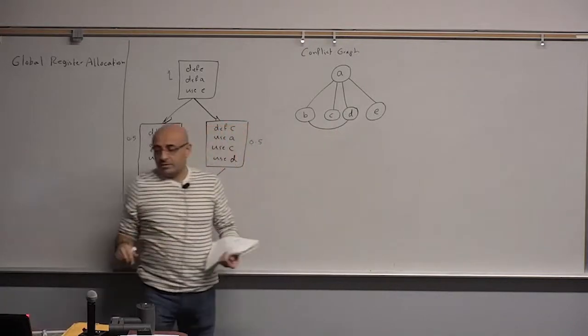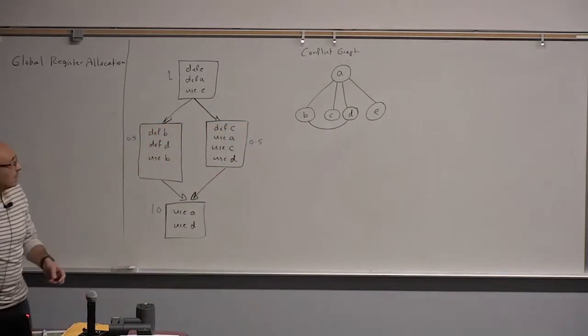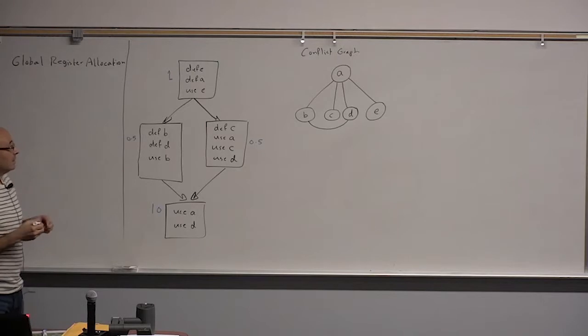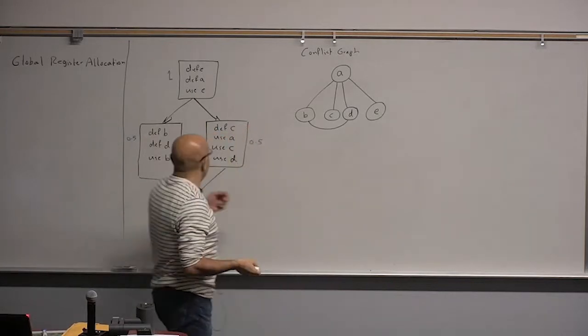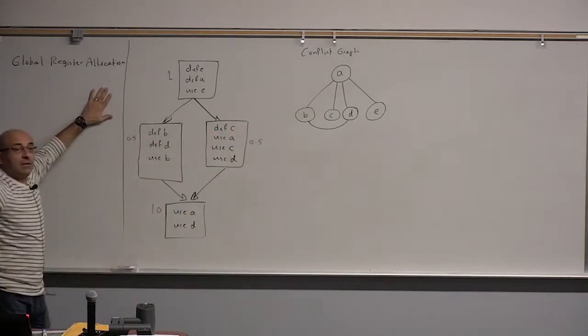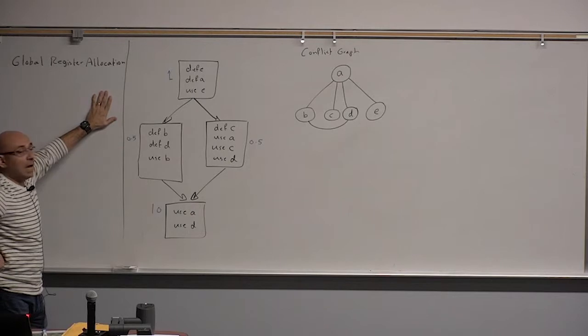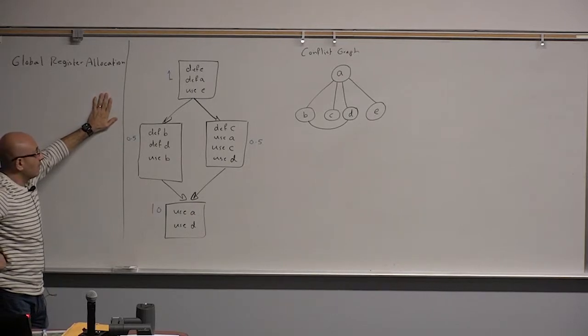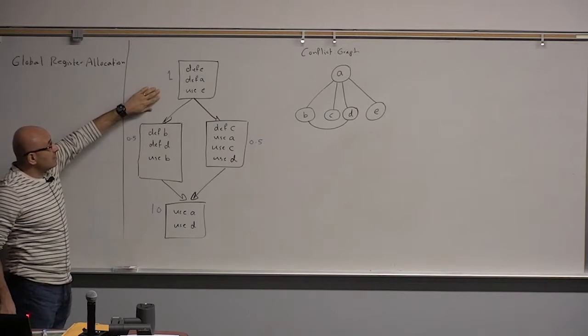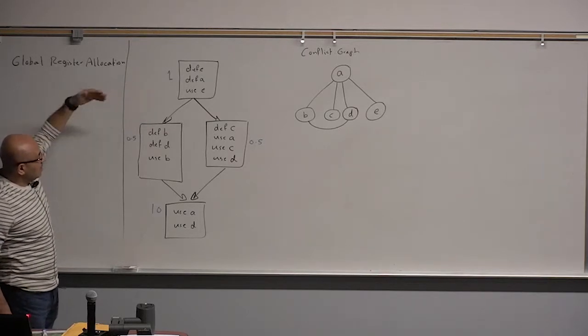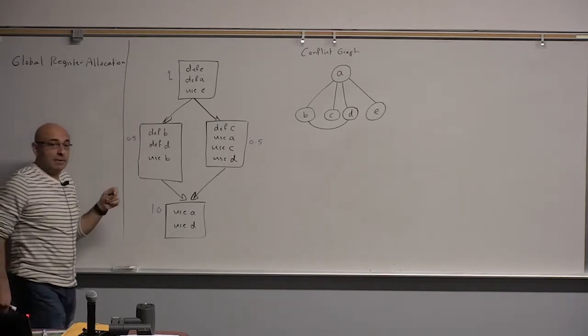Okay. So again, just to refresh your memory, what we are trying to do here is global register allocation. What global register allocation means is that we are trying to allocate physical registers to virtual registers that are located in different basic blocks.